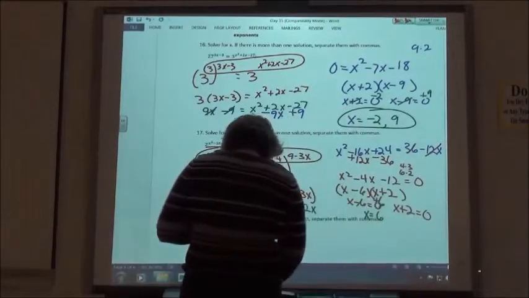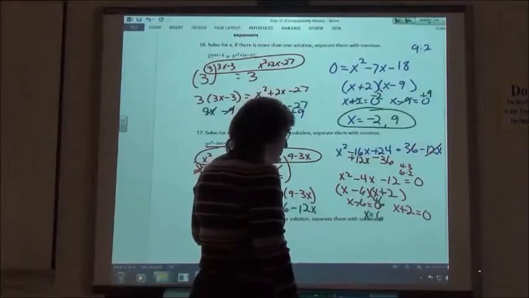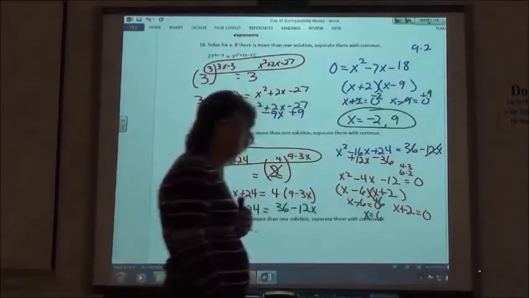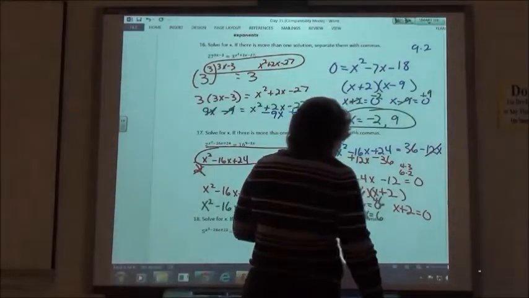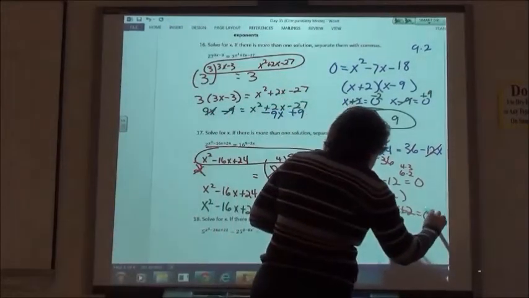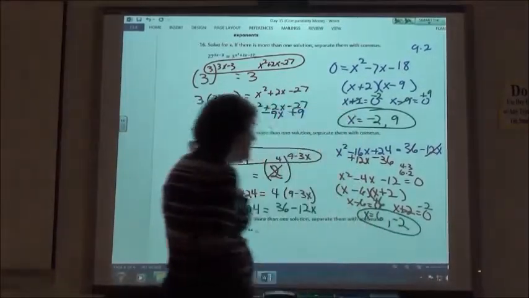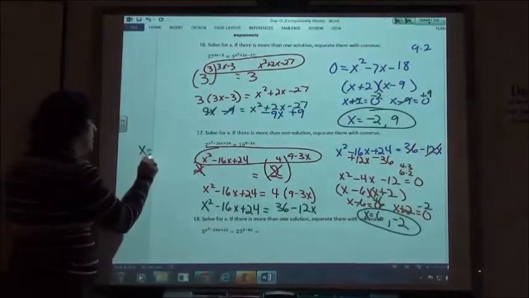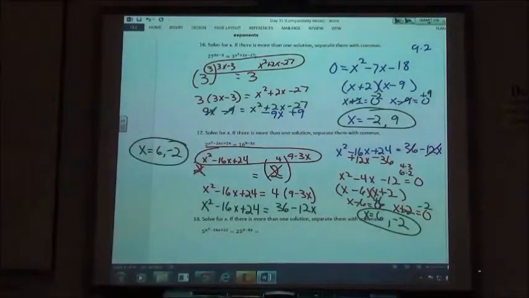And on the other one, if x plus 2 equals 0, we're going to subtract the 2. So x is going to equal 6 or negative 2 for our solutions.